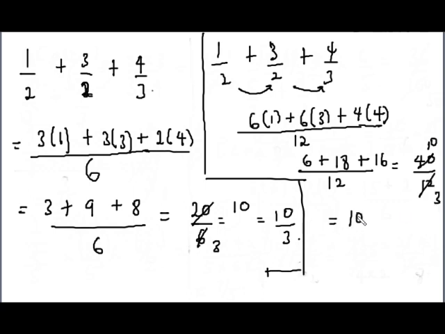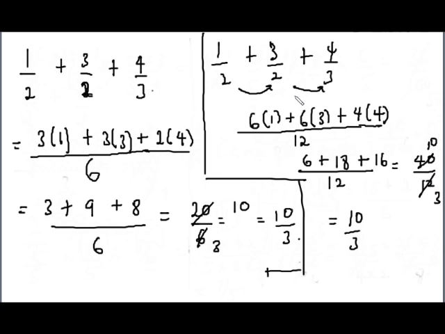So this is equal to 10 over 3. So you could either find the LCM of the denominators in a set of fractions, like we did here, or if you cannot find the LCM, you could just multiply each of the denominators together and use it to solve the resulting fractions.